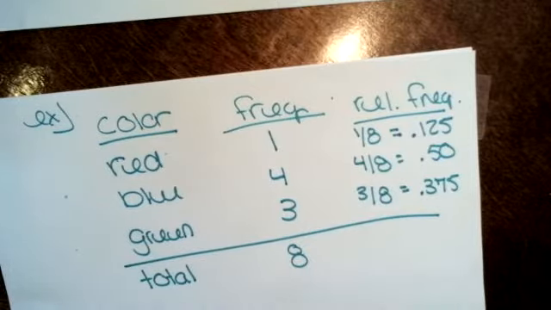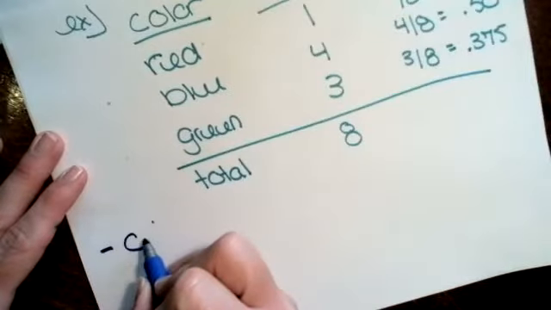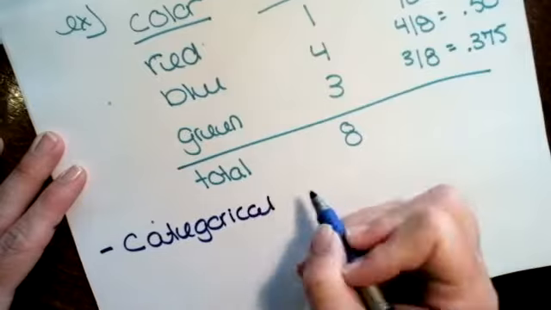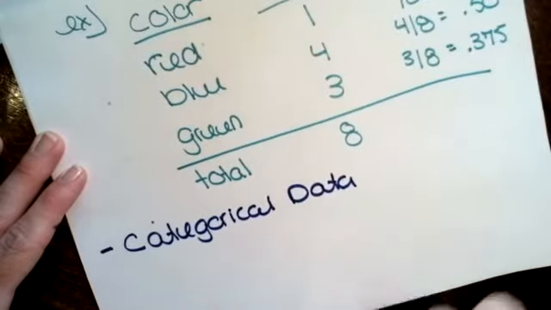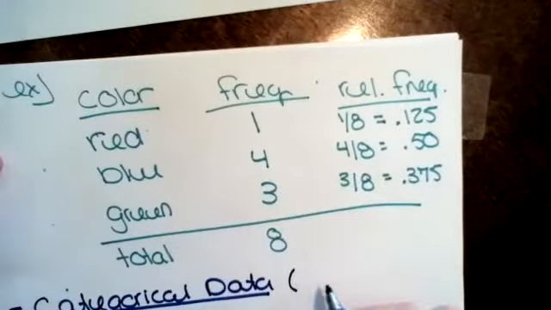Okay, so let's talk about a couple different graphs that we might see. And we have the two different types of data, right? So we have our categorical data. So let me separate it out here. So for my categorical data, remember this is qualitative.